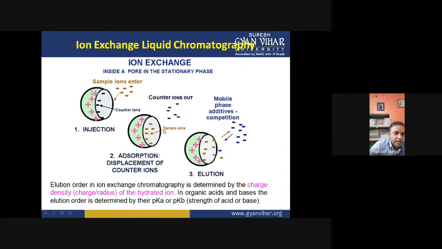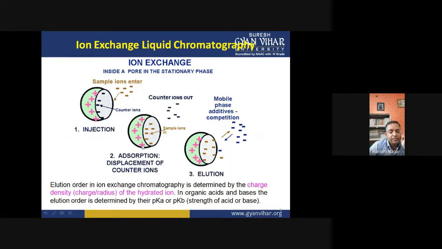This is the ion exchange bed, and in this ion exchange bed there are two types of ions, positively and negatively charged. So when we inject sample ions of this color into the ion exchange bed, there is exchange of these like charge ions.